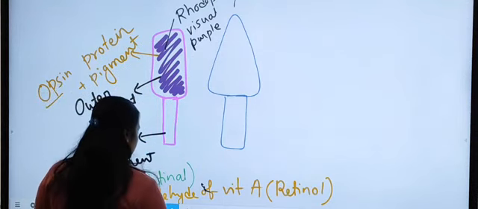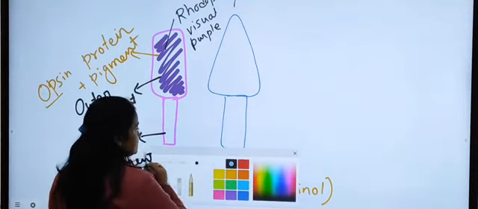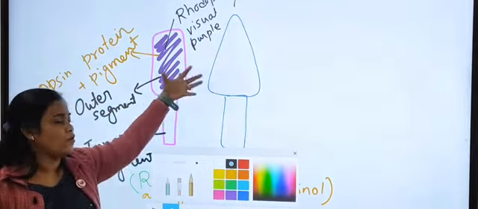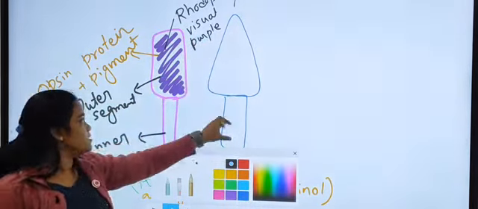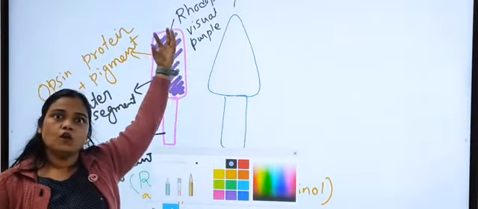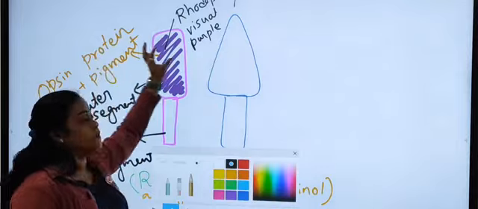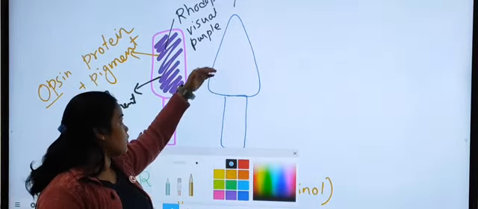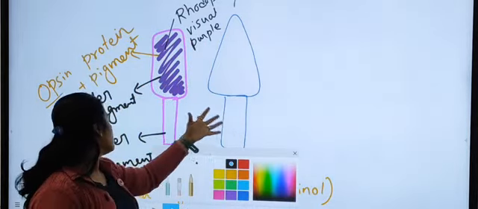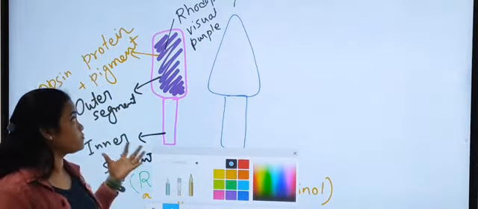Now, if we talk about the cone cells, these also have the same two segments, one outer and one inner segment. The outer segment is made up of the opsin protein and one pigment, and the inner segment is made up of the retinal.